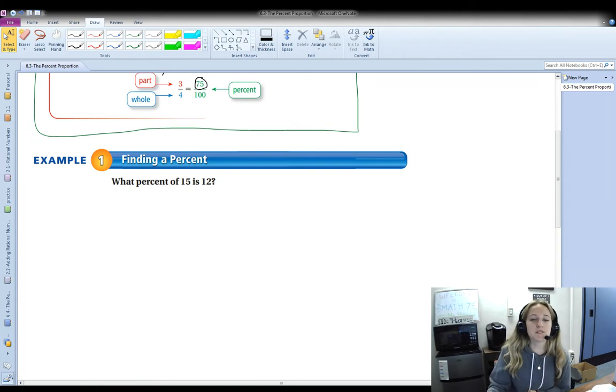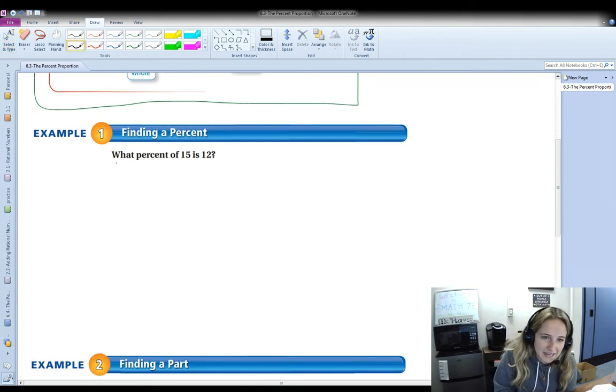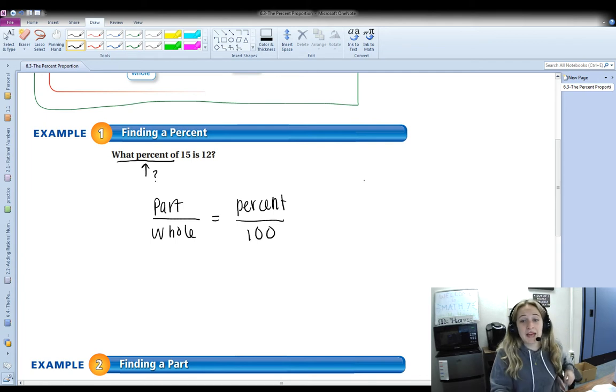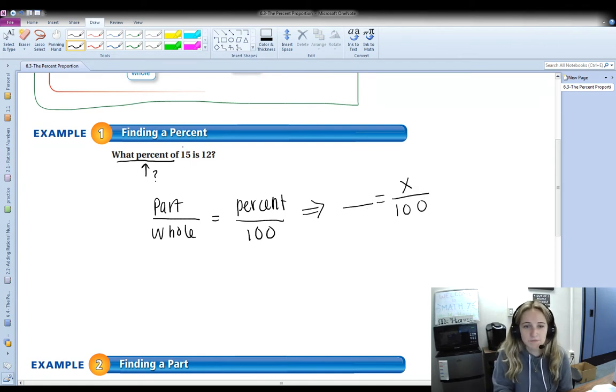So finding a percent. What percent? Okay, so I know right here, I don't know what the percent is, okay? So when I have part over whole equals percent over 100, I know that I am not going to know what my percent is. So I'm going to have to represent that with an X. It's going to be X over 100 because I won't know the percent.